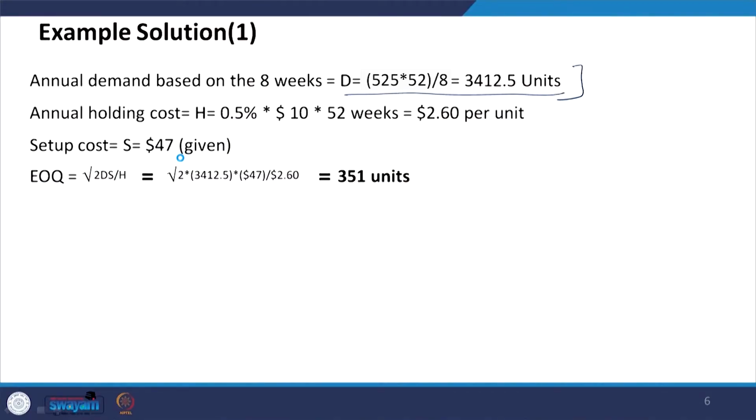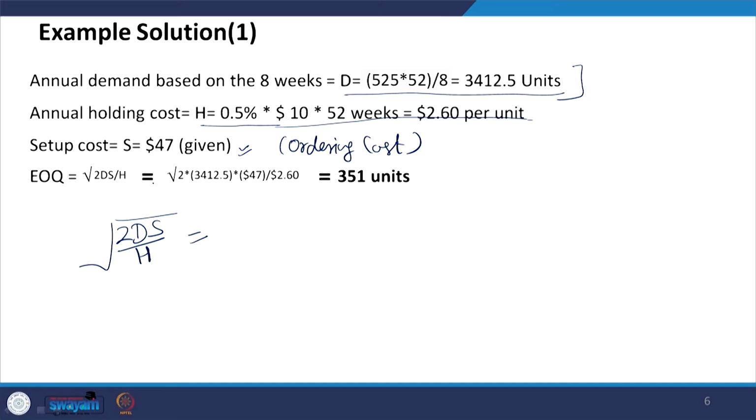Here, if you see our previous calculation, our holding cost is coming to 2 rupees 60 paisa per unit. The setup cost, as we used in the previous example, is $47. So, this is the ordering cost also. Now we use this formula, under root 2 DS upon H, for determining the economic order quantity.